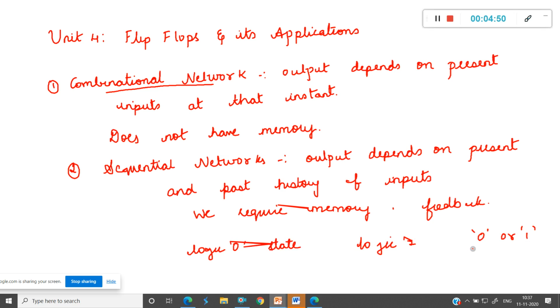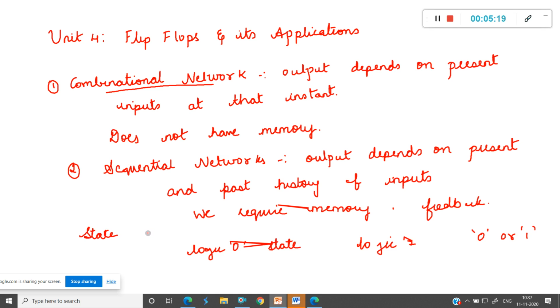So a sequential network can be in the state of logic 0 or it can be in the state of logic 1. So we call it a state. How do you define a state? It is a state of the sequential network. If it is preserving a logic 0, that is logic 0 state. If it is preserving a 1 in its network, then it is a logic 1 state.